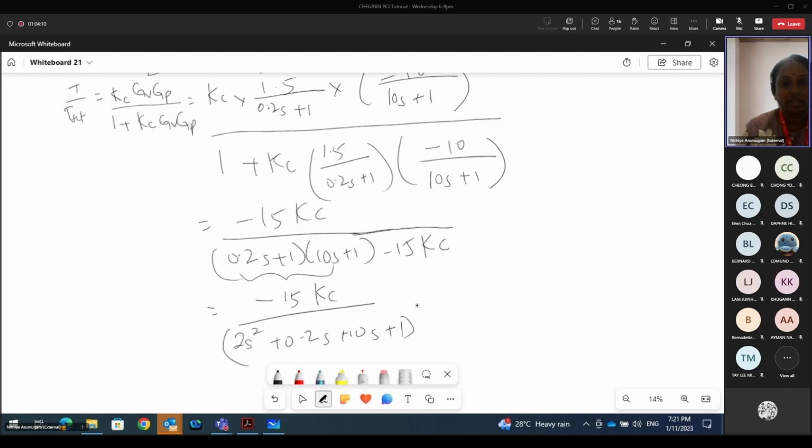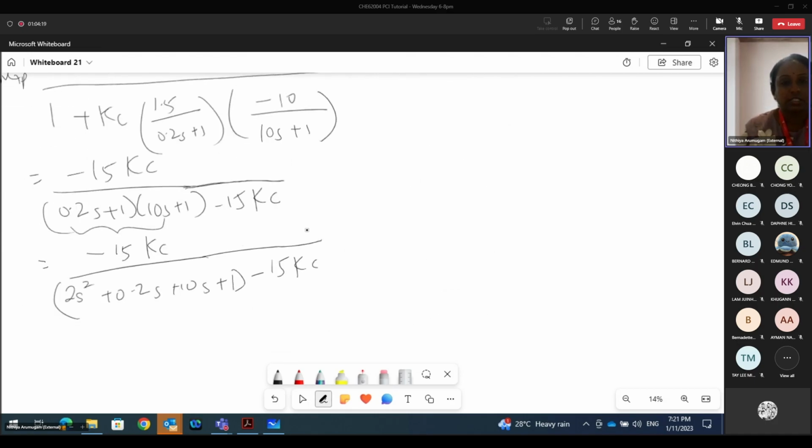This is one thing, minus 15 Kc. Okay, so this again can be 15 Kc over, so we can break the bracket here. This is actually 10.2 s plus 1 minus 15 Kc.